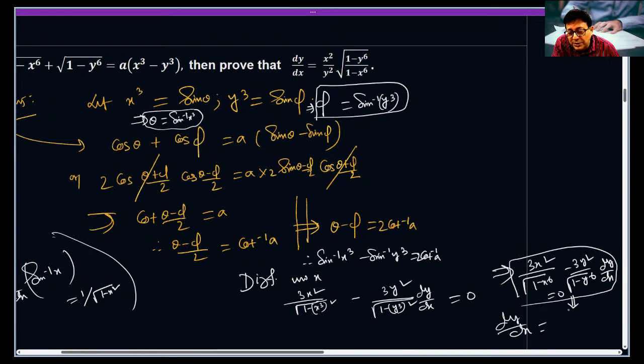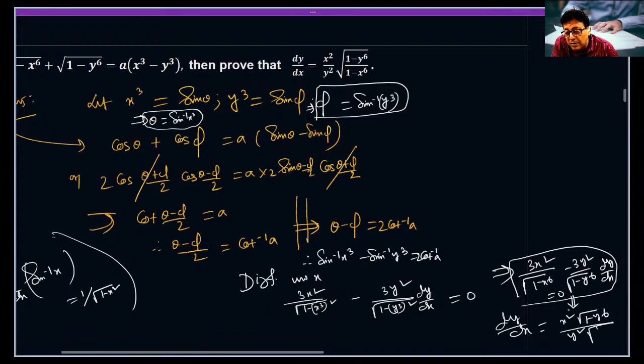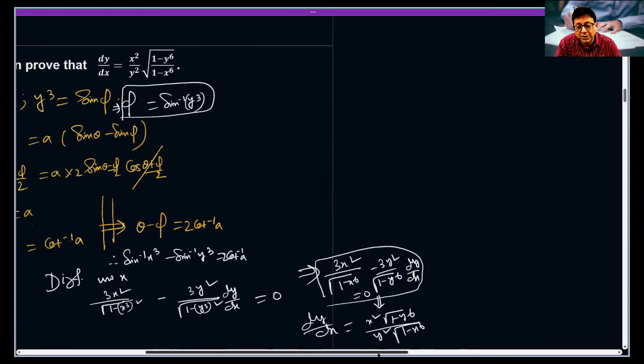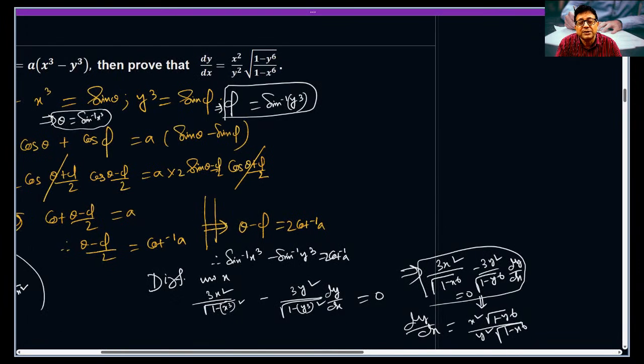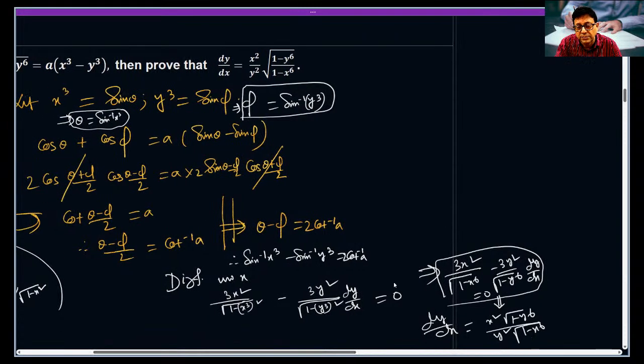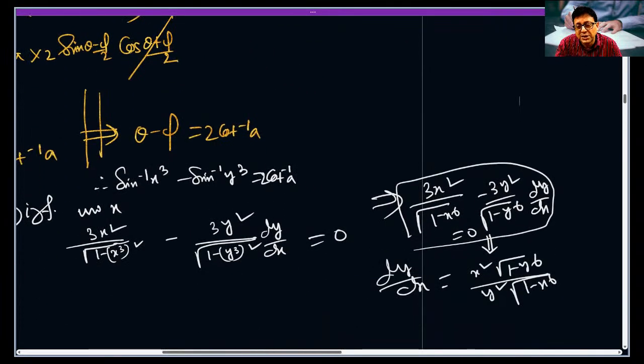So dy by dx comes to be x square root of 1 minus y to the power 6. Alright? You understand this thing.